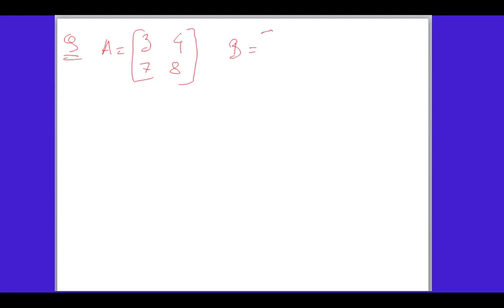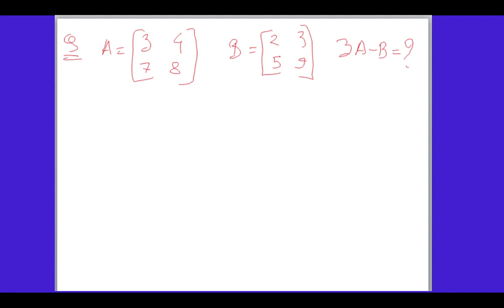B is given 2, 3, 5, 9. Okay, we have to calculate 3A minus B. This is a small question which carries around 2 marks. A is given, B is given. We have to calculate 3A minus B.